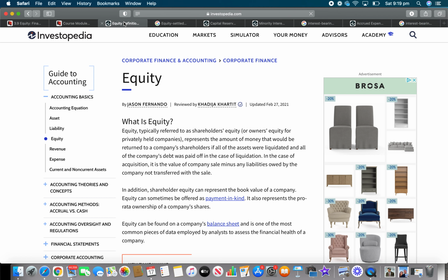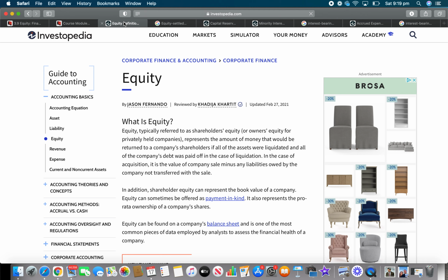It is a wonderful resource to learn from because they simplify it so easily, and for me it helps me understand sometimes. Sometimes the textbook is wonderful. Sorry about all my friends' text messages. Whilst the textbook is wonderful, sometimes it's good just to have that really little snapshot of information. So here is your equity definition.